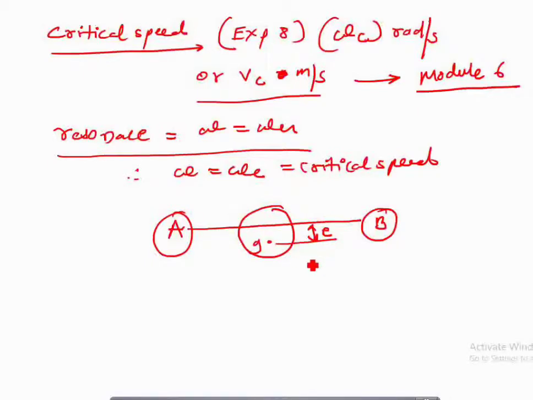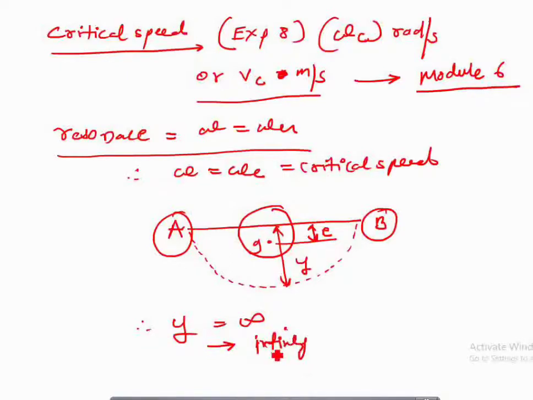Now in such a case, let us say that the shaft is deflecting in this manner. So this deflection is denoted by y. Now when this y approaches infinity, y meaning the deflection of the shaft, the corresponding speed becomes the critical speed.